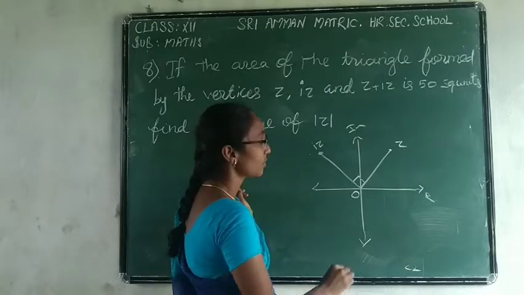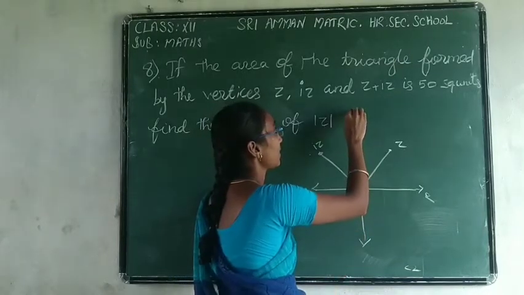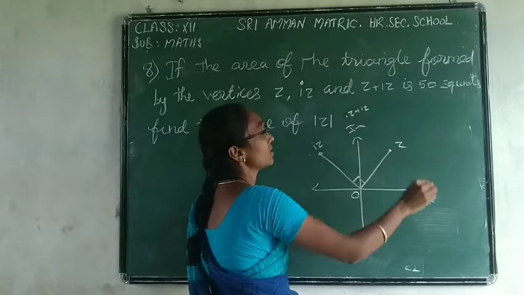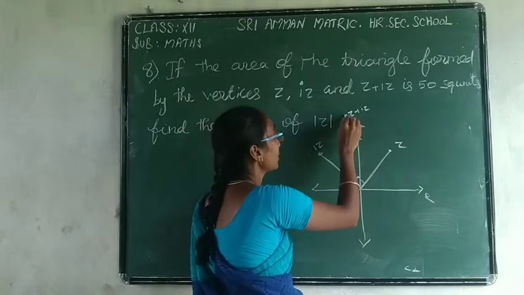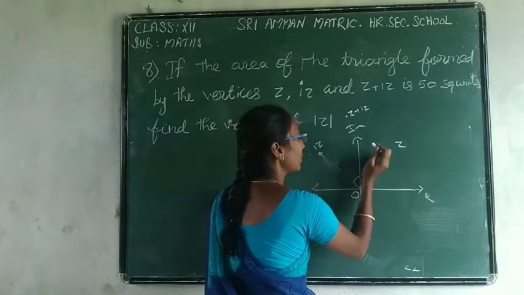So what is the value of z plus iz? This is z plus iz. Now we go on to joining these three points. You consider this one.